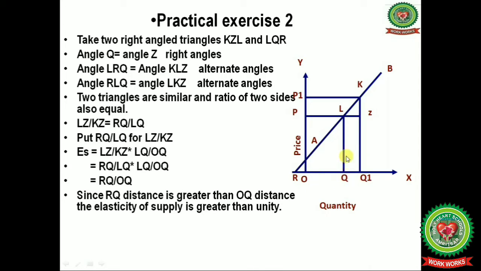Now RQ divided by LQ multiplied by LQ divided by OQ. After the simplification, LQ will cancel, you will get RQ divided by OQ. Now RQ distance is greater than OQ distance, so the elasticity of supply is greater than unity.